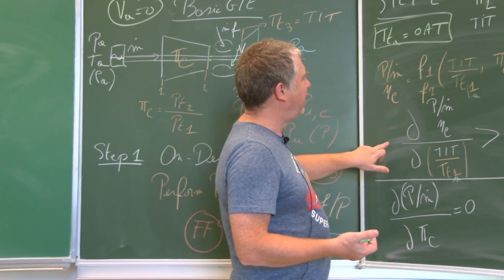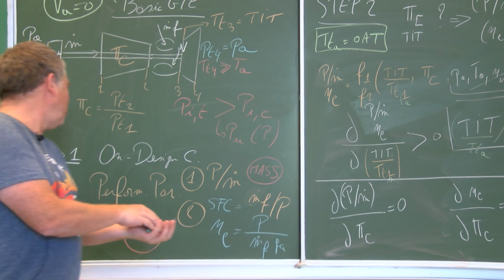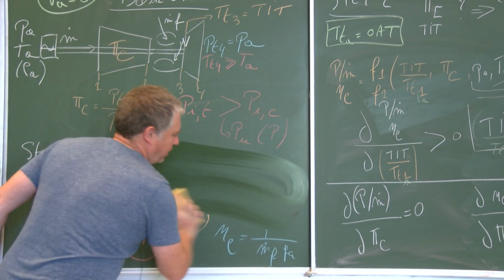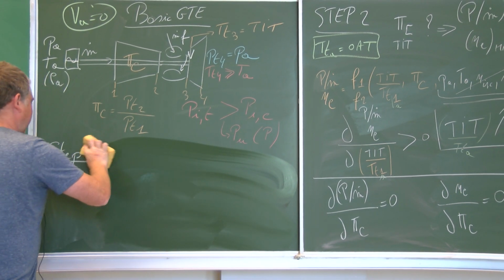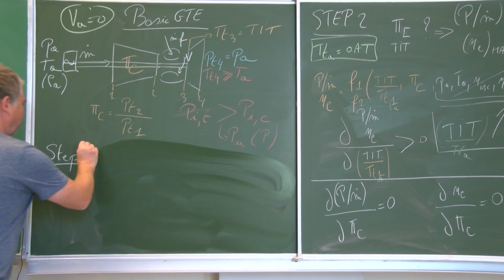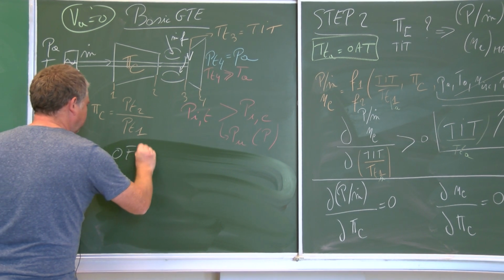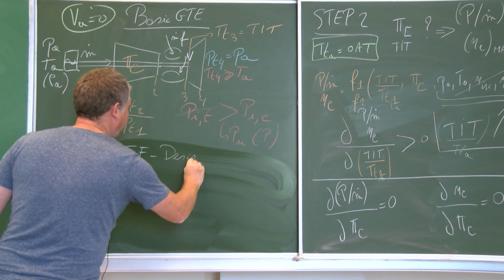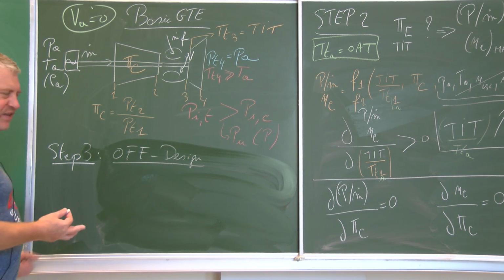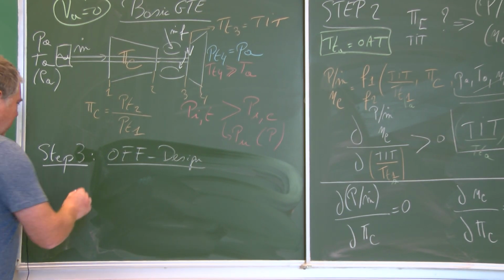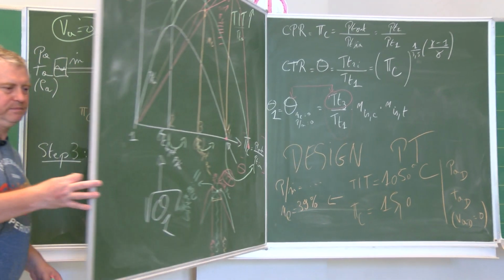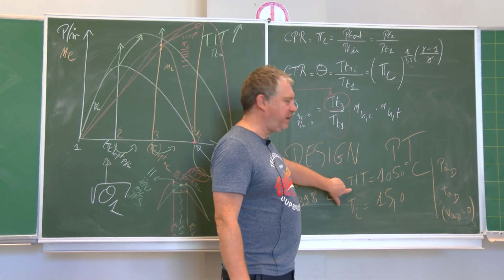And we need to look at the third step, which is the off-design computation. Off-design, that means you have selected your design point, and this is what I had explained here. You have selected your design point.